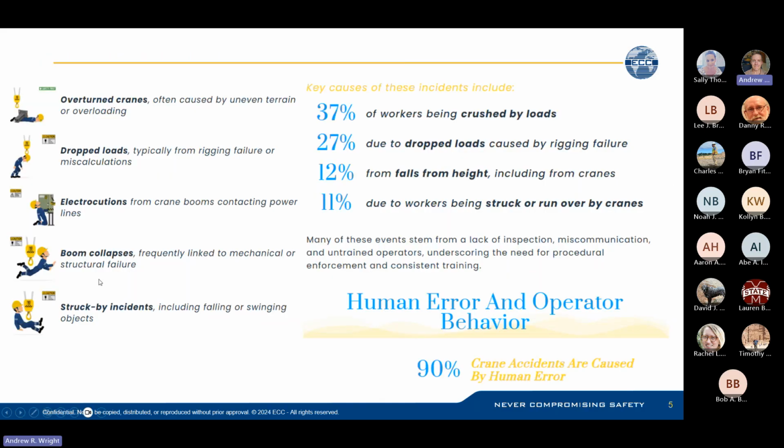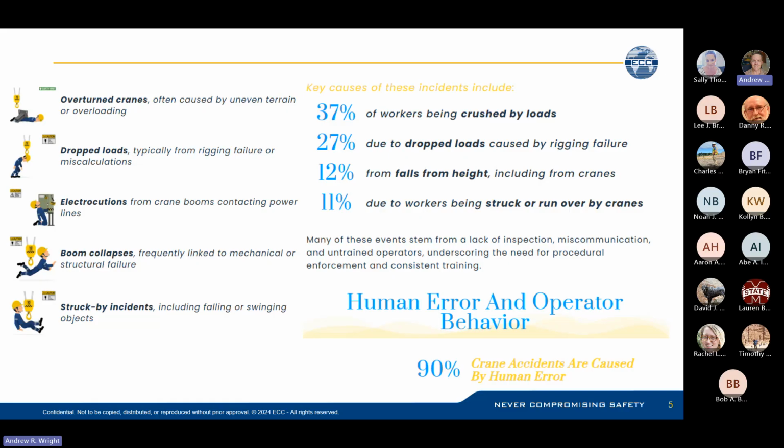To dive a little bit deeper, the key causes of these incidents include 37% of workers being crushed by the loads, 27% due to dropped loads caused by rigging failure, 12% from falls from heights, including from cranes, and 11% due to workers being struck or run over by a crane. Many of these events stem from a lack of inspection, miscommunication, and untrained operators.